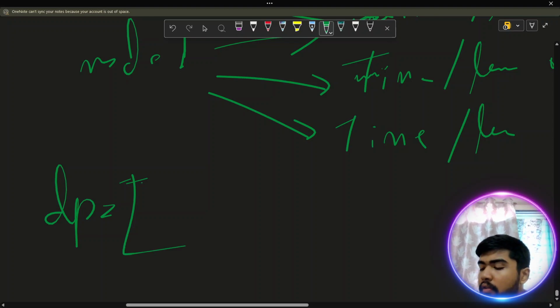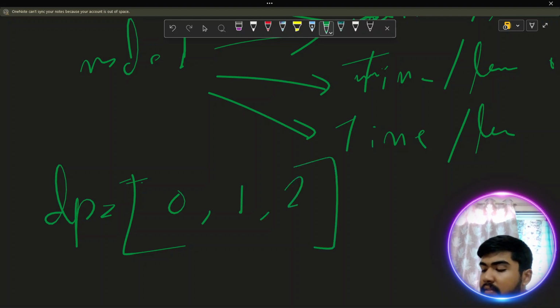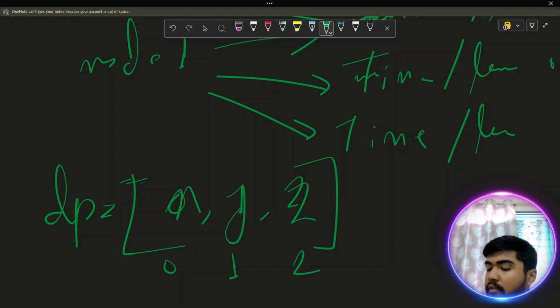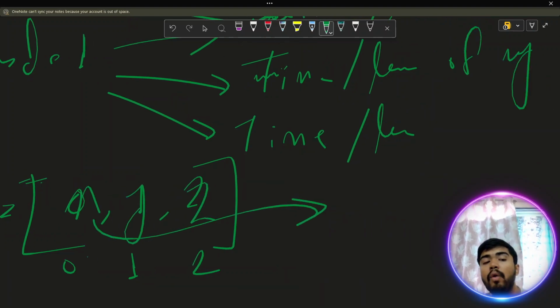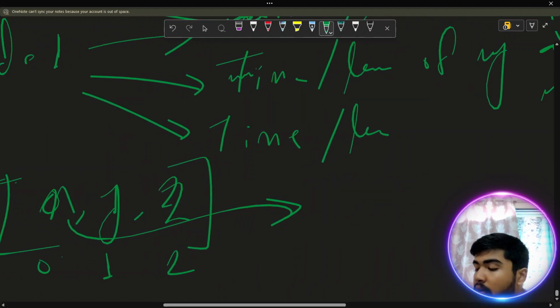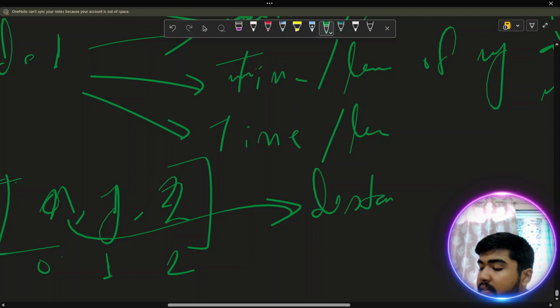So what will we do? Let's suppose we have 3 nodes, 0, 1, 2. These are my indexes, and these are x, y, and z. Each value stores the time taken, or the distance from node 1.